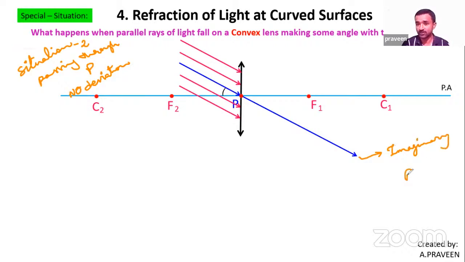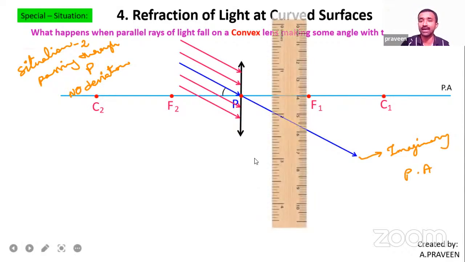Then you can draw a perpendicular on the principal axis that passes through focus, F1. So draw a perpendicular line through F1. Place your scale as you see on the screen. Then draw a dotted line through F1.